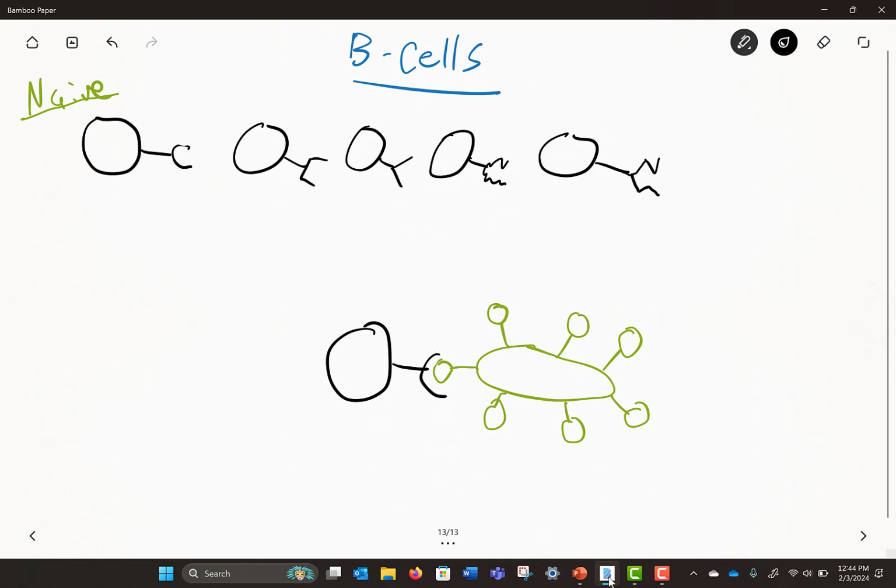This B cell, the very first time he encounters his specific foreign antigen, he's going to rip that antigen off. And this B cell is going to phagocytize. He's going to eat this bacteria.